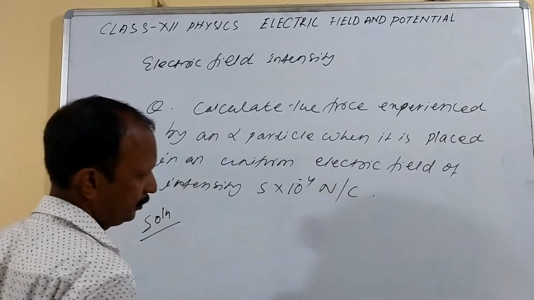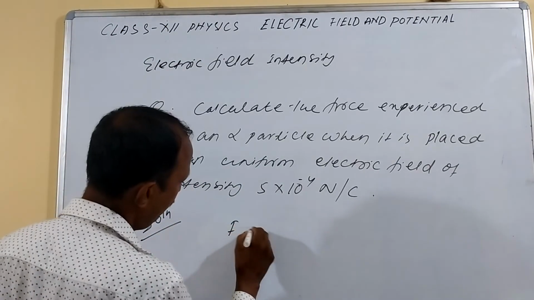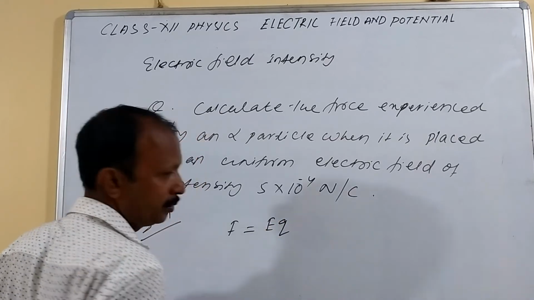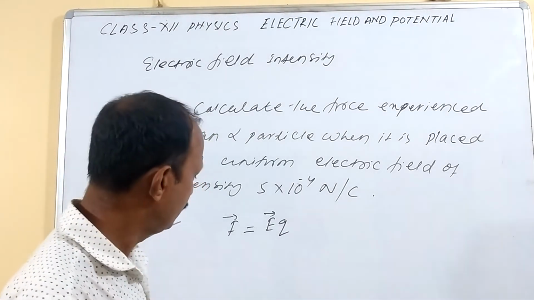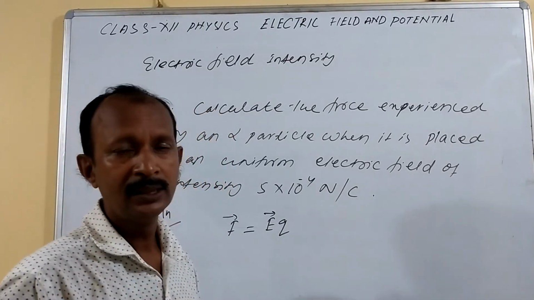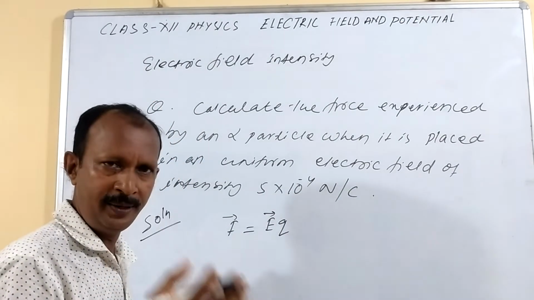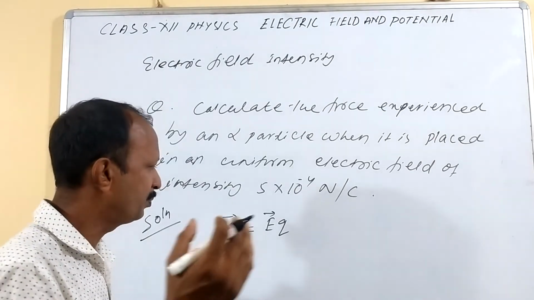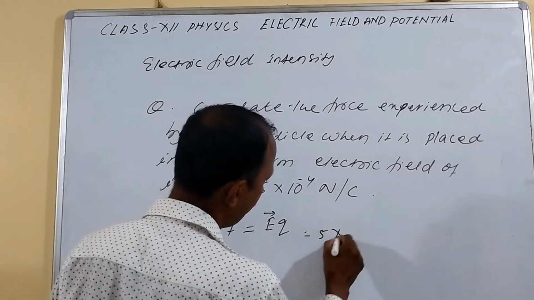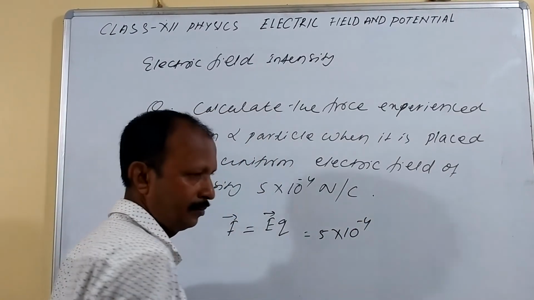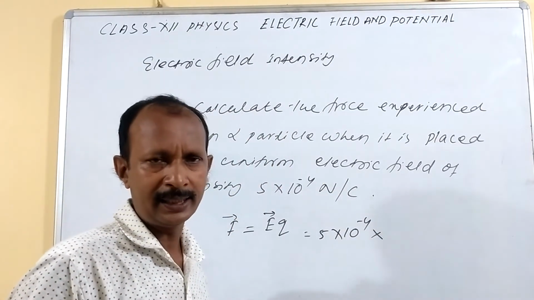So we know that E equal to F by Q, or I can write that F equal to E into Q. Force is the product of electric field and charge. E is the field intensity, the strength of the electric field. So your strength is given as 5 into 10 to the power minus 4, into the charge of alpha particle.